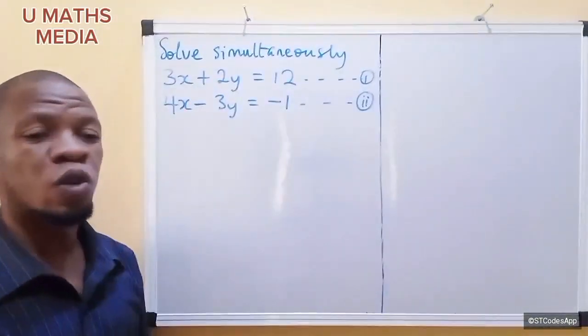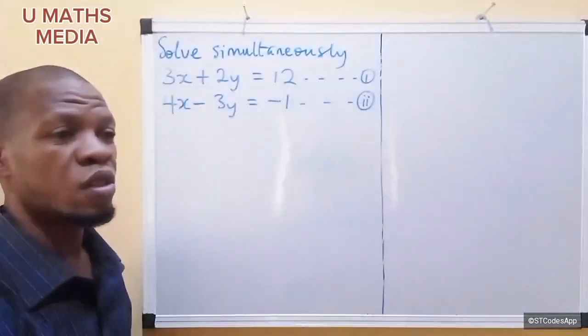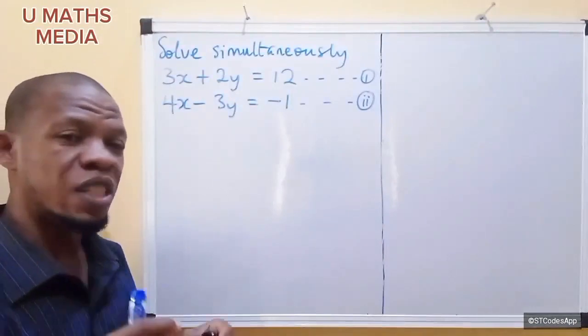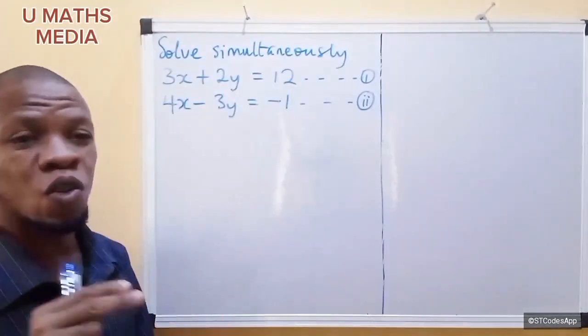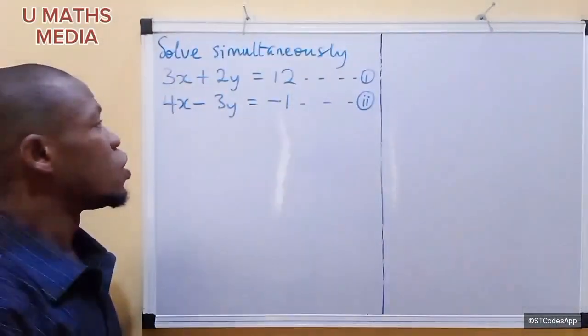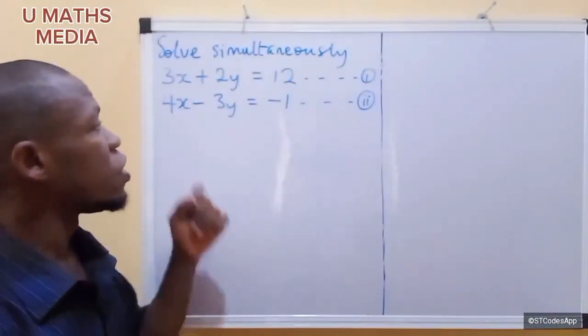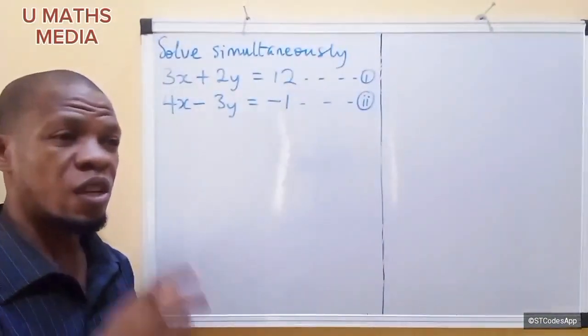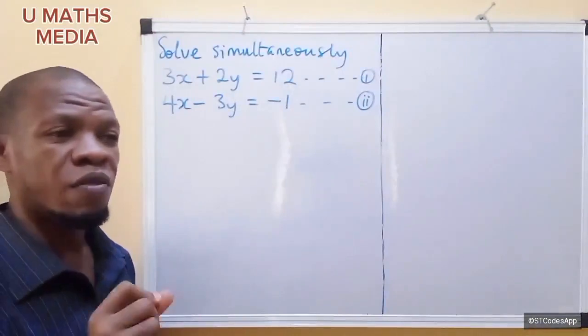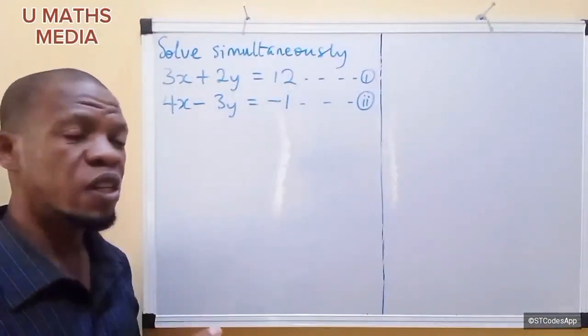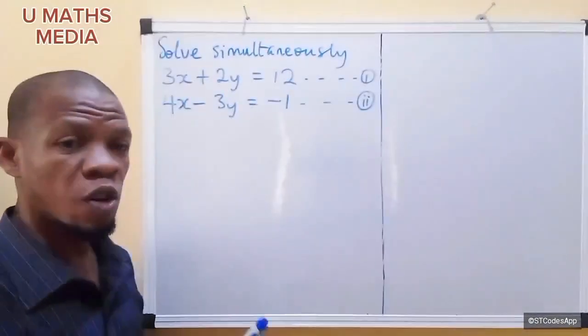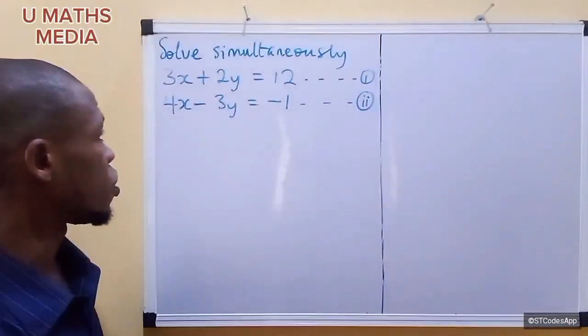We can also have up to three equations, when we need to solve for three unknowns. In this case, we are given two equations because we have two unknowns to find. If it is three unknowns, we are going to be given three equations. So I want you to follow me while we solve these equations.